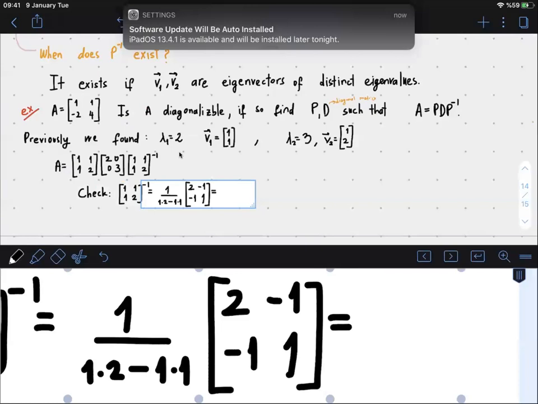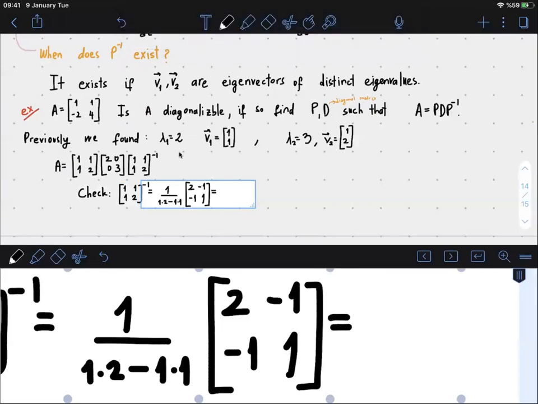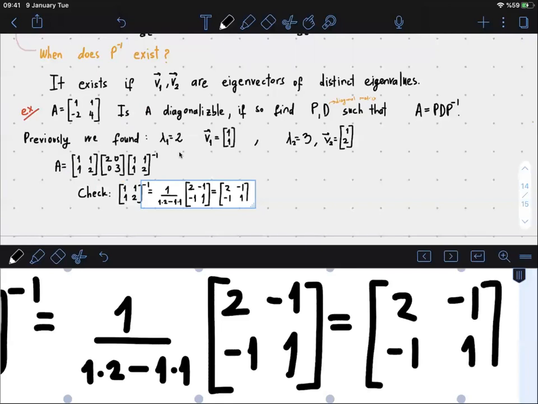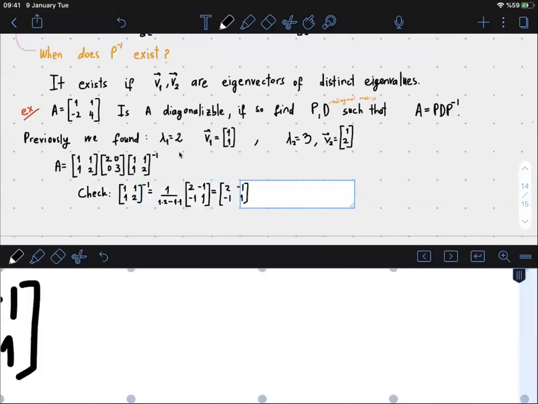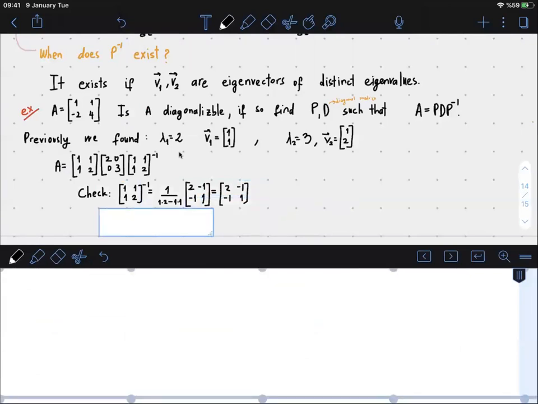So this is 1, and we get 2, minus 1, minus 1, 1. This is P inverse.